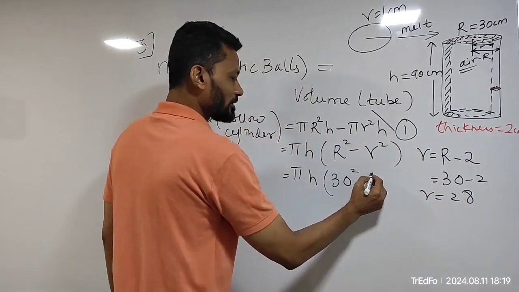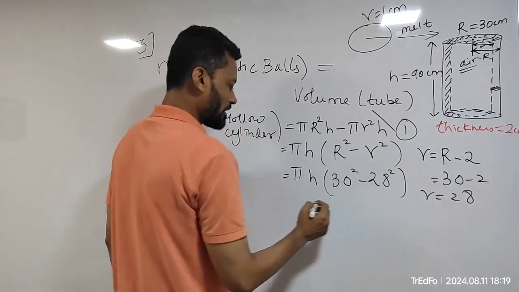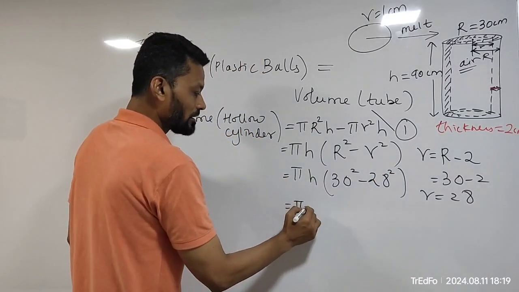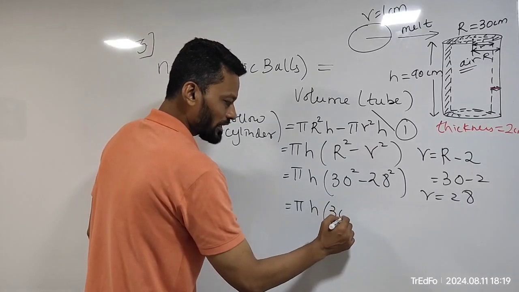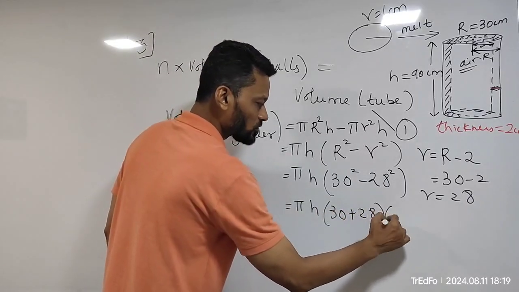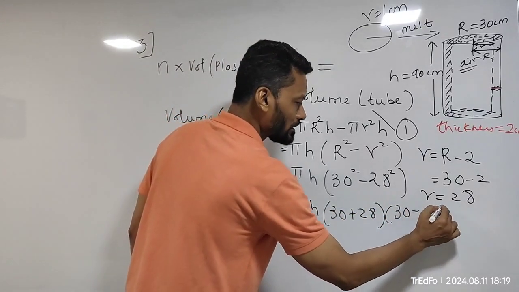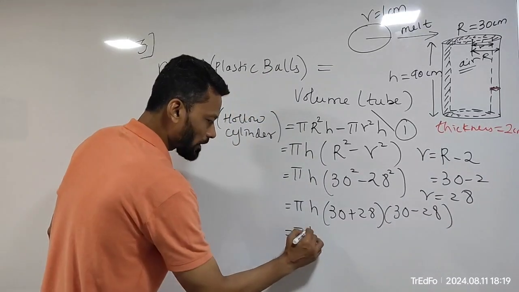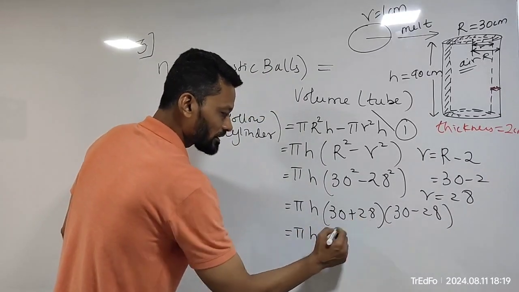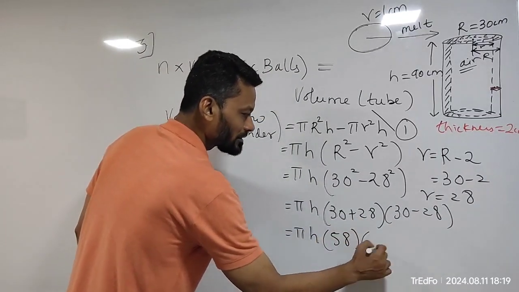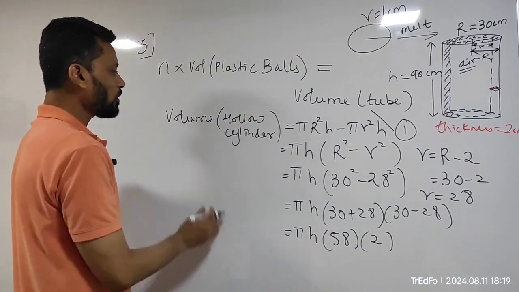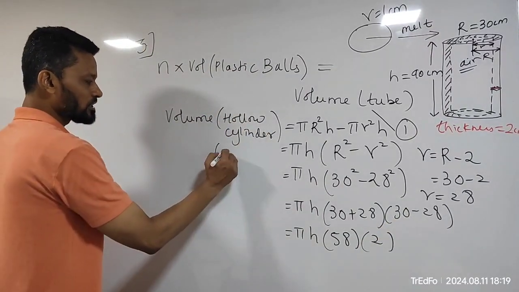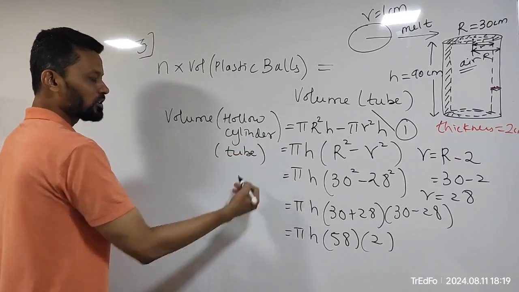So small r will be 28 square. Pi h. Here I can apply the formula of a square minus b square, so a plus b into a minus b. So this will turn into pi h, 30 plus 28, and this becomes 58, 30 minus 28 becomes 2. I got the volume of the hollow cylinder. This hollow cylinder is nothing else but the volume of the tube.